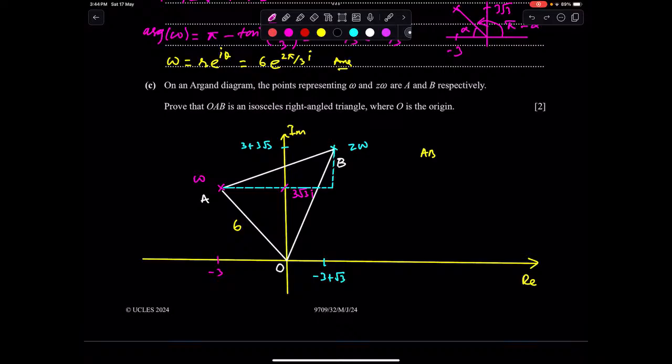So 3 plus root 3 minus 3, so you will get root 3. So this length is root 3.